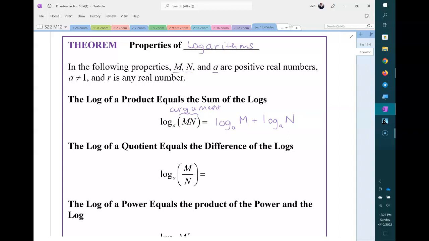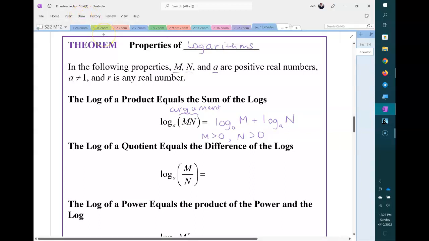So capital M and capital N are representing any algebraic quantity that is a positive real number. So that will give us some domain restrictions sometimes, because M has to be strictly positive and N has to be strictly positive.